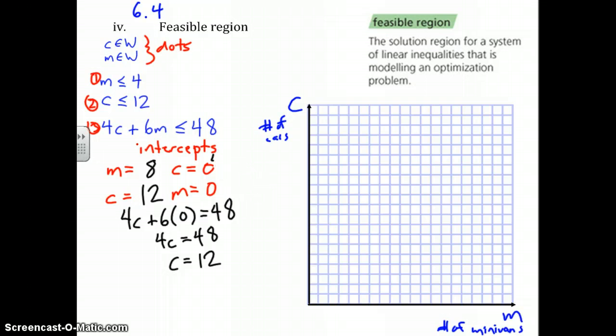Putting numbers on these, our M's have to go up to that 8-ish area, so we could probably just go up by ones here. I'm just going to label every second box, just to make it a little neater. Then for the C axis, I'll do the same thing.